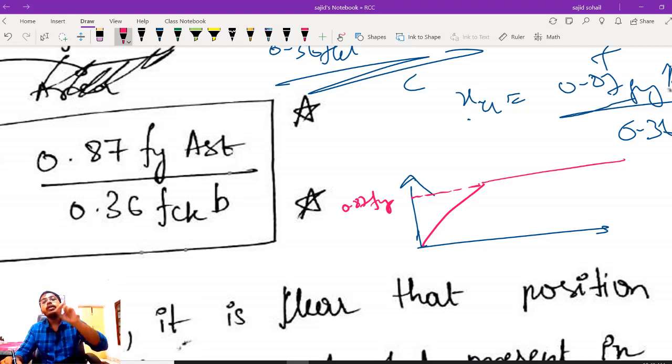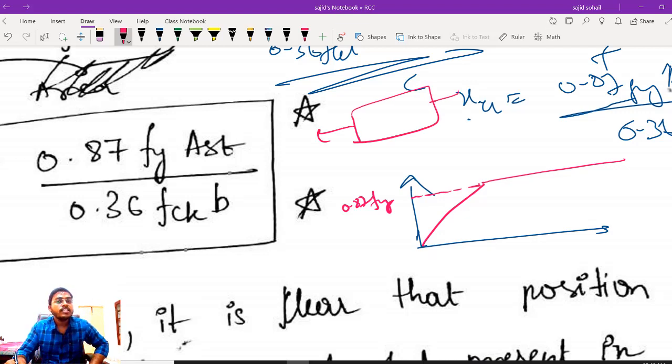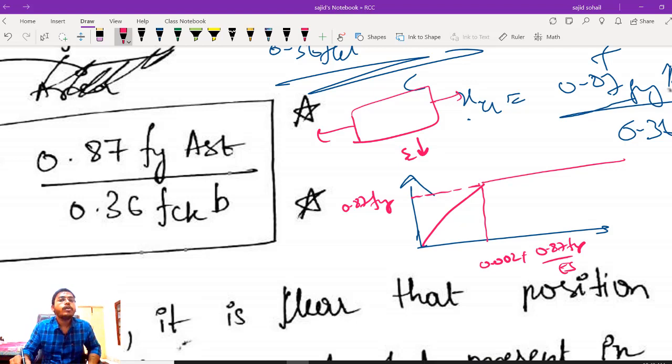If I have a heavily over reinforced section, then obviously my strain value will be less, right? It will be less than the minimum strain that should be available. What was the minimum strain? It was 0.002 plus 0.87 Fy by ES. So the strain you are getting for over reinforced is less than this much amount. So you are getting strain here itself.